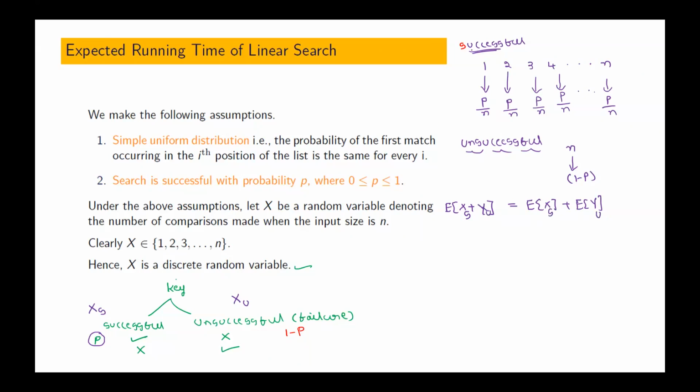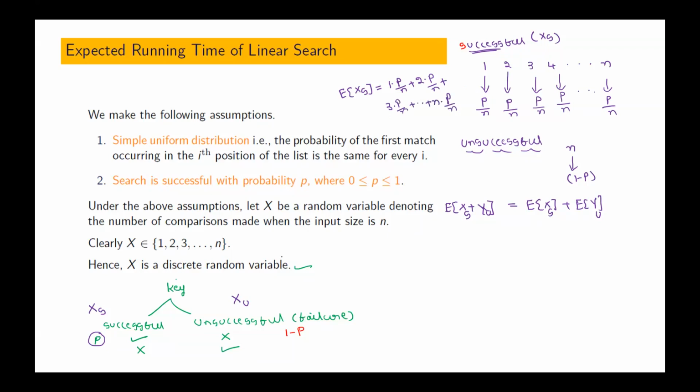Now what is successful expectation? What is expectation of XS? 1 into P by N plus 2 into P by N plus, and so on, value and the corresponding probability, weighted product sum, and this one n into P by N. Is that correct?